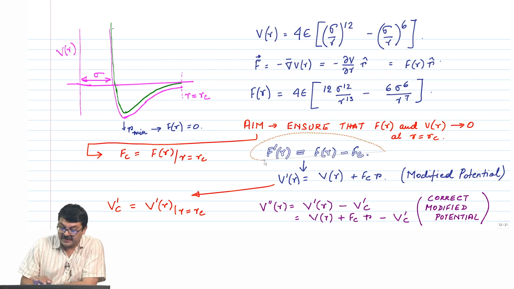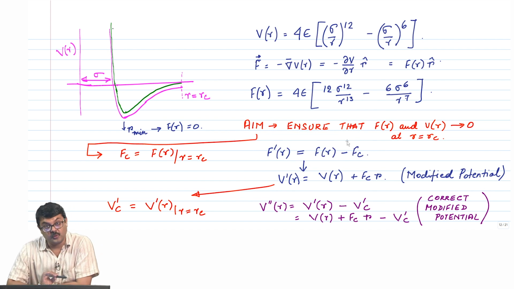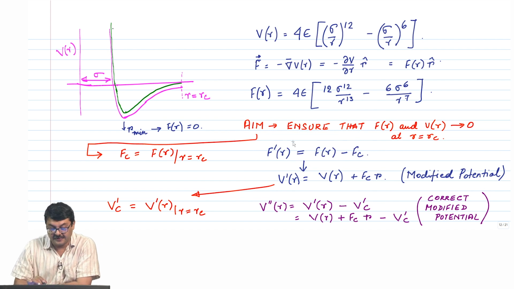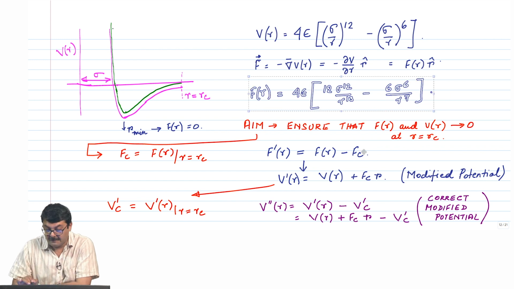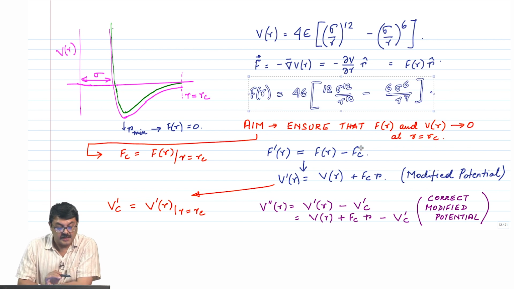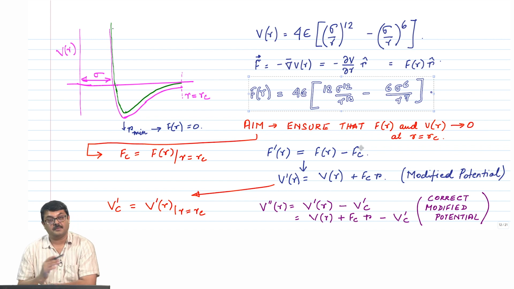Now, if you have a slightly modified expression of the force, f dash of r, which is nothing but f of r minus f c, then basically what you have is that the force has finite values.